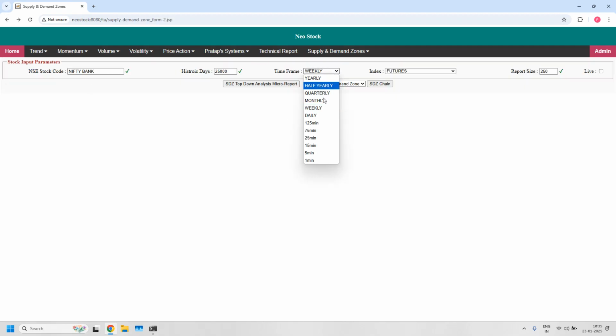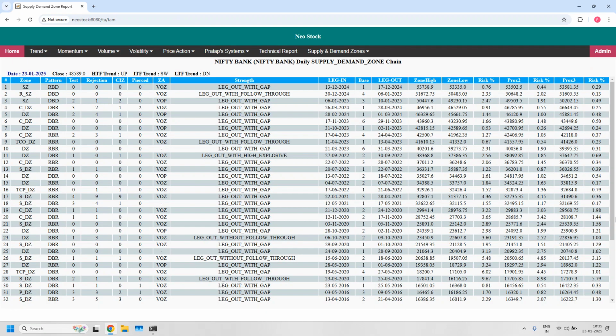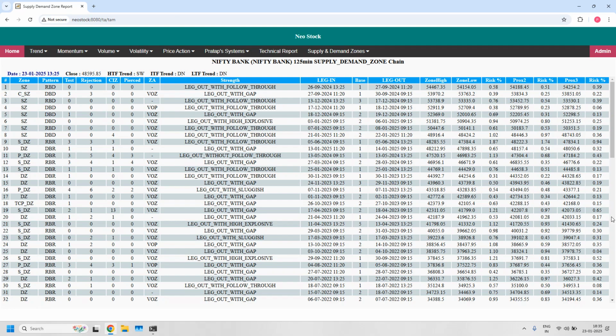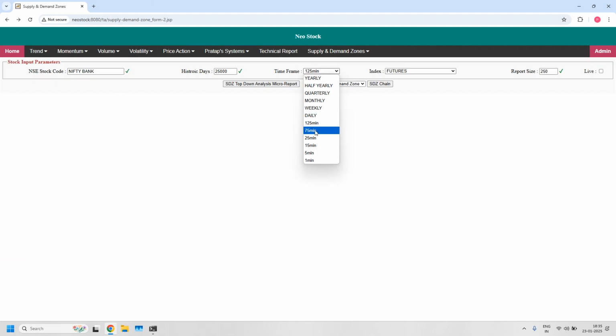Next, daily supply demand zone chain for BANKNIFTY. Next, 125 minutes supply demand zone chain for BANKNIFTY. Next, 75 minutes supply demand zone chain for Bank Nifty.